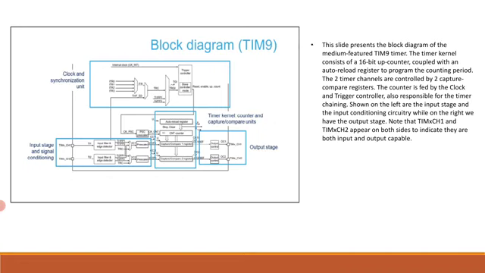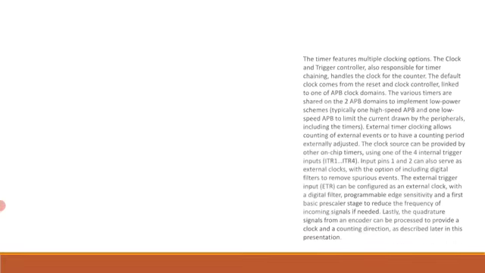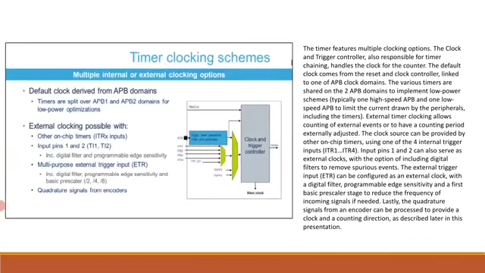The timer features multiple clocking options. So let's have a quick look at the timer clocking schemes. The timer and trigger controller, also responsible for timer chaining, handles the clock for the counter.